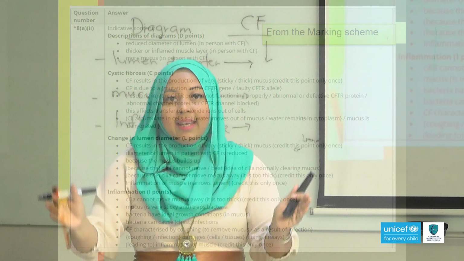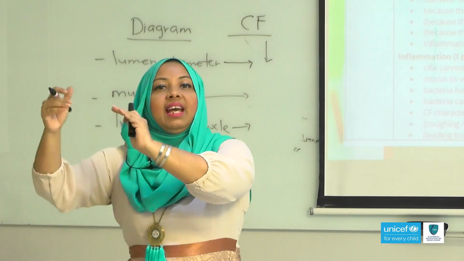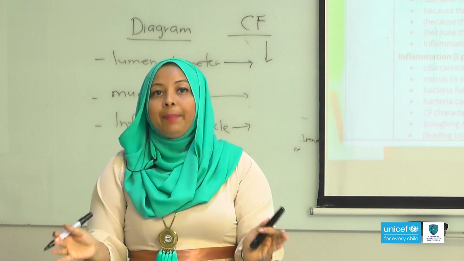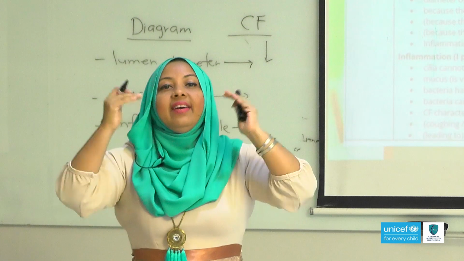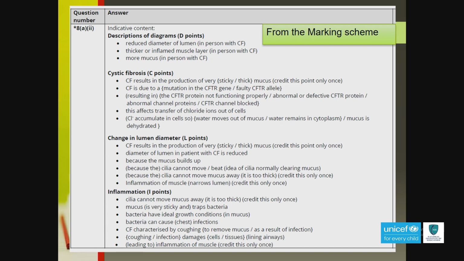Write a full sentence, linking it to the person with CF having this and the person without CF having that, and that is not all, you also give a reason why it happened. For example, I'll give you an example, a cystic fibrosis point. CF results in the production of very sticky mucus due to a mutation in the CFTR gene, resulting in the normal protein not functioning and accumulation of chloride ions, water moves out of the mucus, and then the mucus becomes sticky. Like that, an explanation needs to be given.